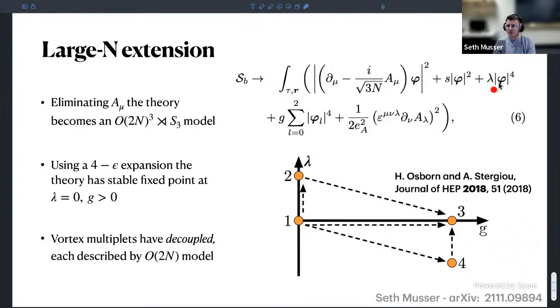And that means this lambda coupling is 0 at our fixed point as n goes to infinity. But you can see that the only way that these vortex flavors are coupled, apart from this non-compact U(1) gauge field that's dropping out, is in fact this lambda term. And so the critical point is actually 3 decoupled O(2n) models with each of these vortex flavors decoupled.